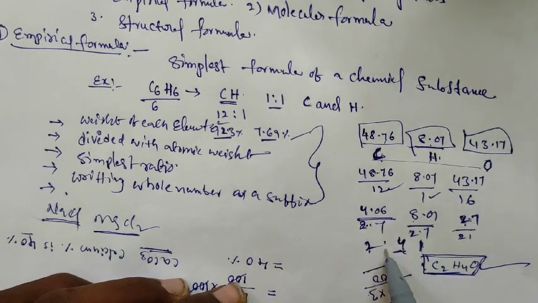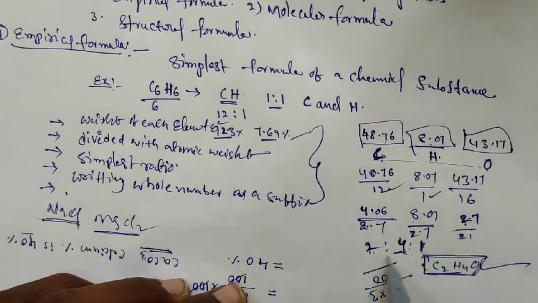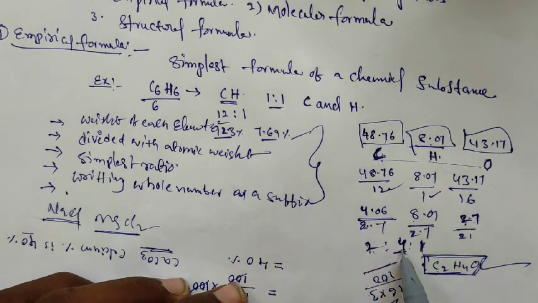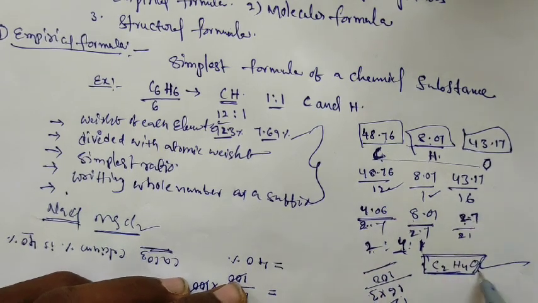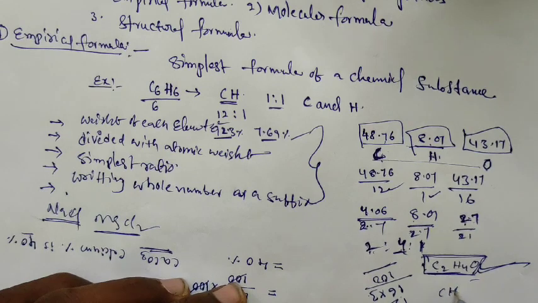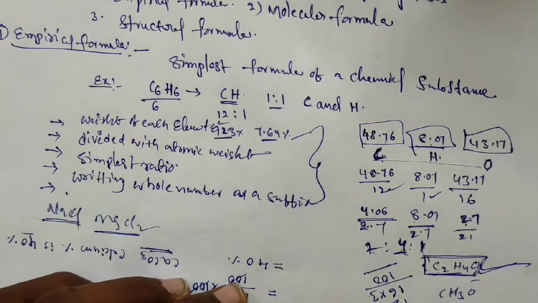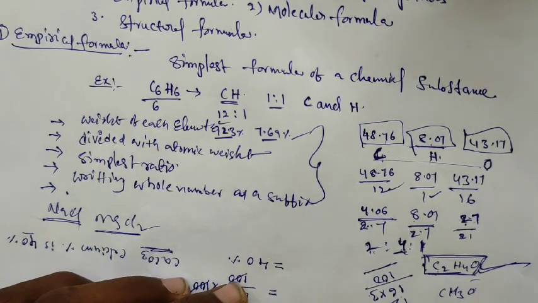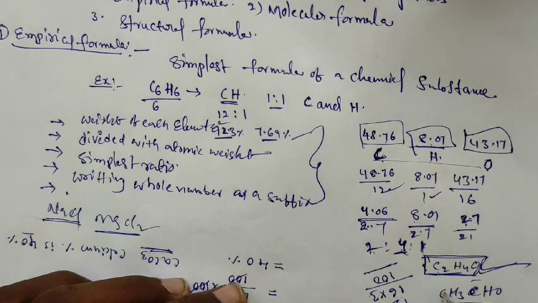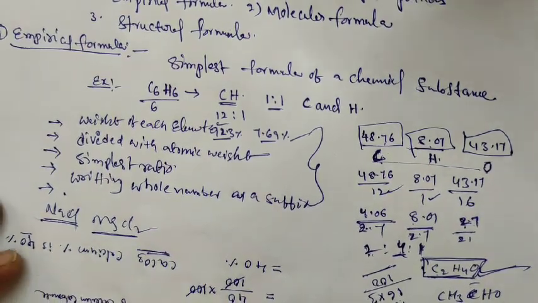Among those 3 values, the lowest value is used to divide all the values. Then we get 3 different values, 2:4:1. So 2 carbon atoms, 4 hydrogens, 1 oxygen. The formula is CH3CHO, this is an aldehyde. Like this we will identify. This is about empirical formula.